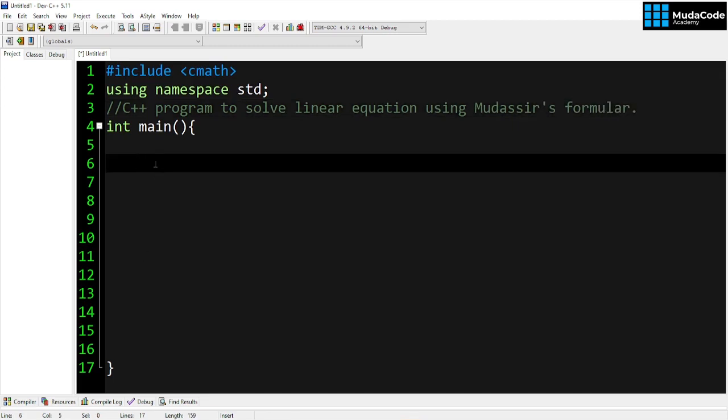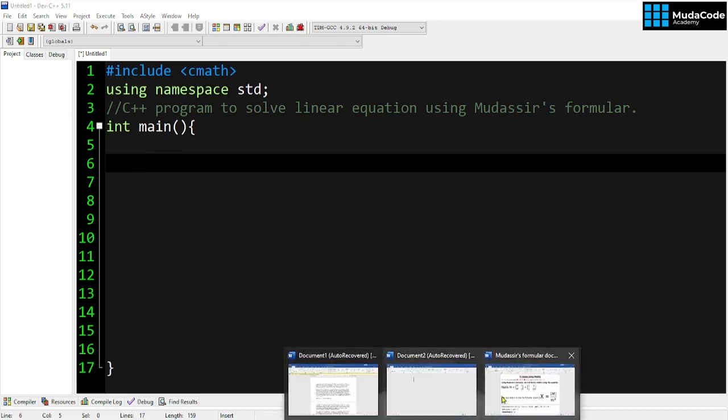Before we start writing the program, we have to understand how we are going to make the program. What I actually mean is the algorithm we're going to follow so our program can work the way we want it to work.